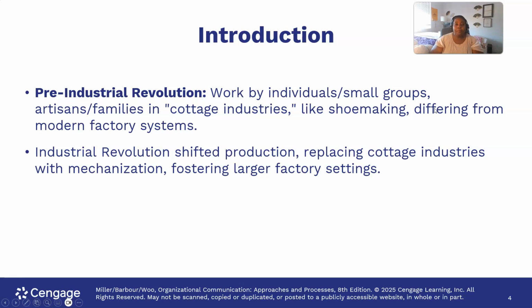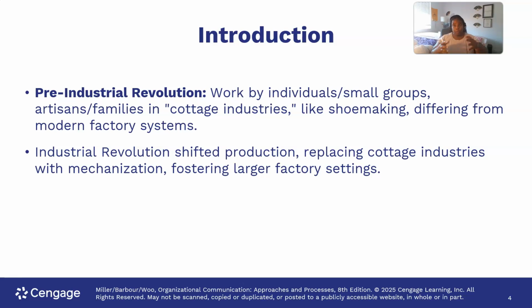All right. So, like I said before, we had the pre-industrial revolution where primary work was done by individuals, small groups, artisan families, and cottage industries, and it differed from the factories. But once we had mass production, factories, and mechanization, we had to figure out how to manage these resources.